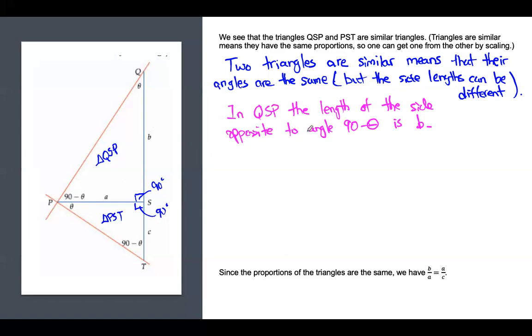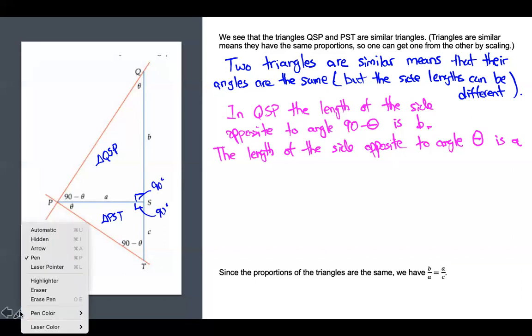Okay, so the length, and then we can continue this idea, the length of the side opposite to this angle is A. Theta is A. Because see, we have theta and an opposite to it is A.